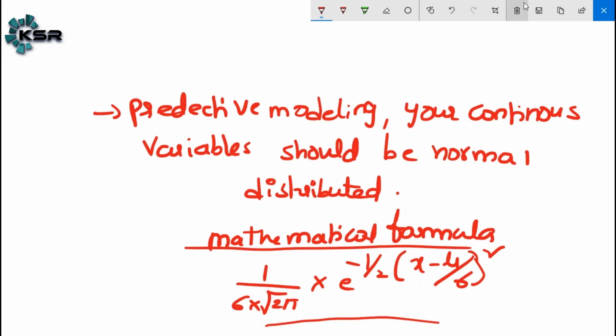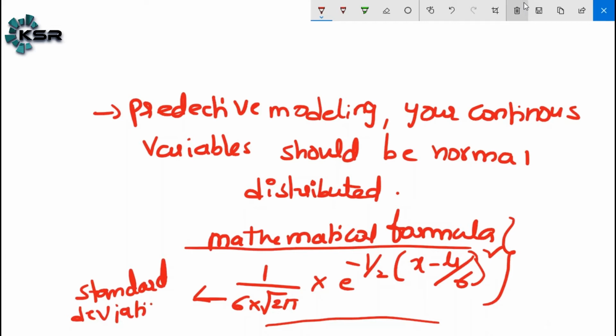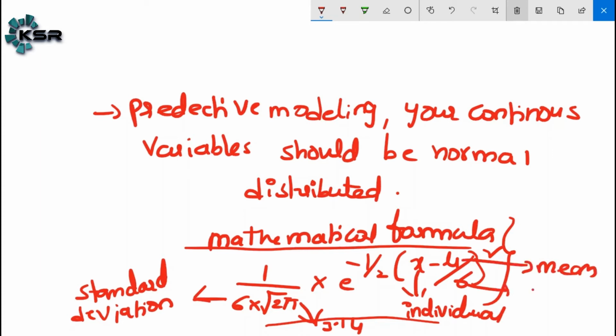Here sigma is nothing but standard deviation. Here pi is the standard value 3.14. Here x is the individual values. Mu is the mean. Again sigma is nothing but SD, standard deviation.